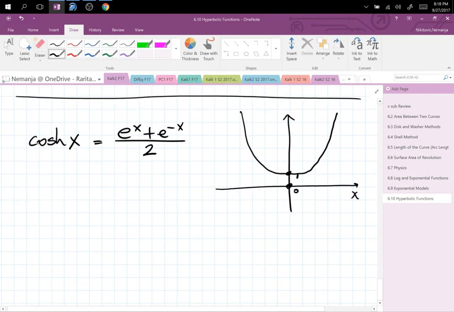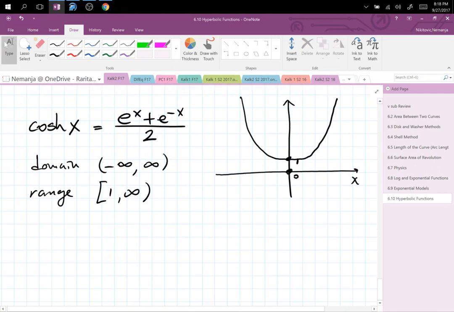You have all of those properties that you learned in pre-calculus, and you can apply them here. What do you know? First of all, you see the domain: negative infinity to positive infinity. You see the range: 1 to positive infinity. The x-intercept: none. The y-intercept: (0, 1).